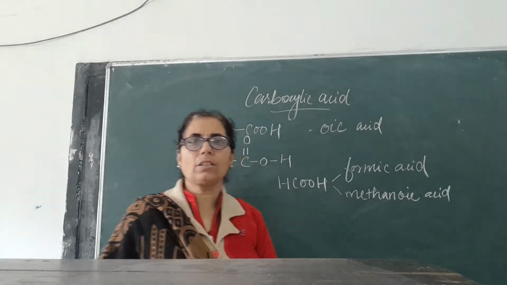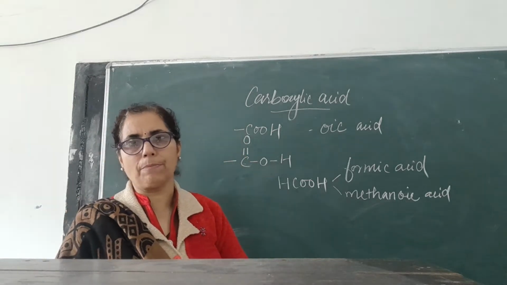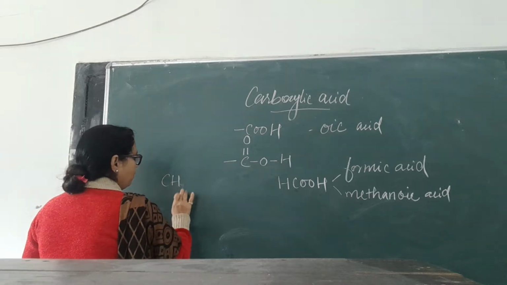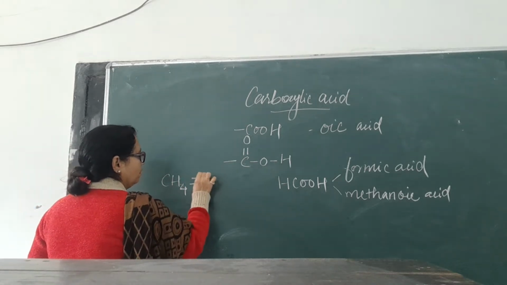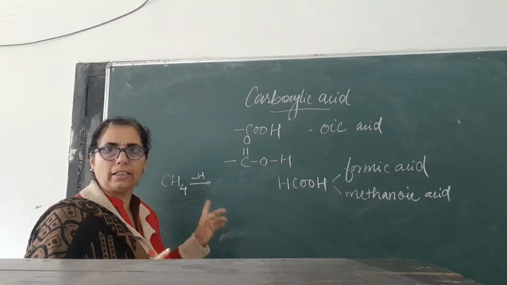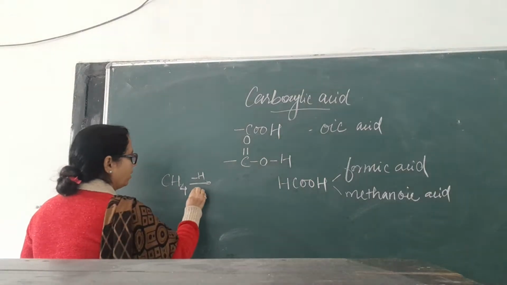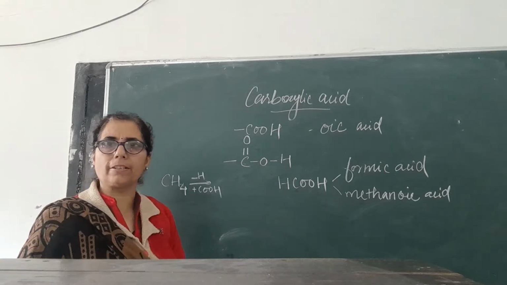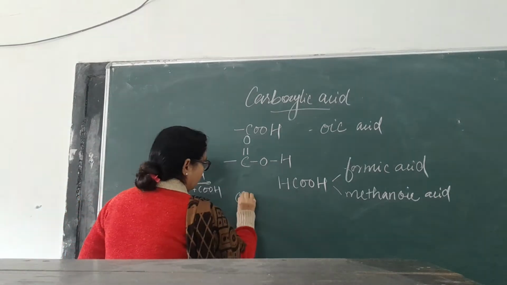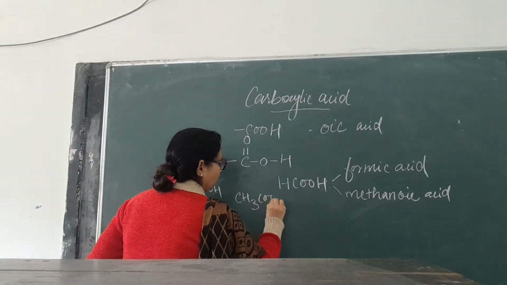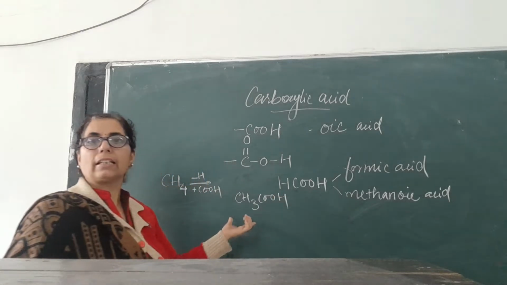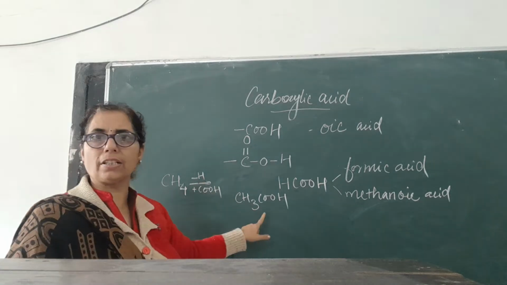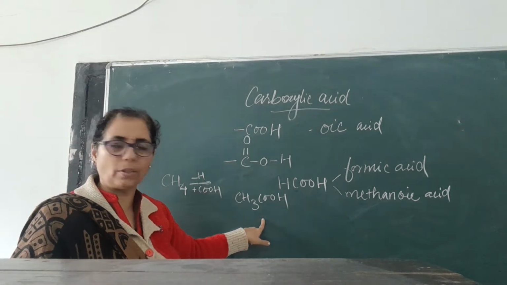Now we will find out the other members of this carboxylic group. When one hydrogen from methane is removed and replaced by one COOH group, the carboxylic group, then you will get CH3COOH.